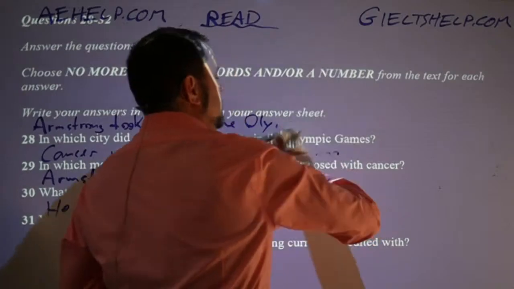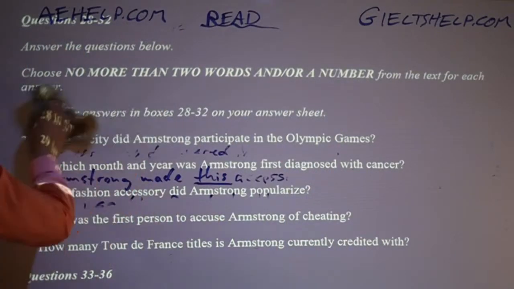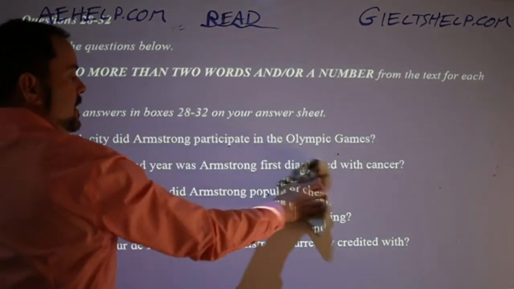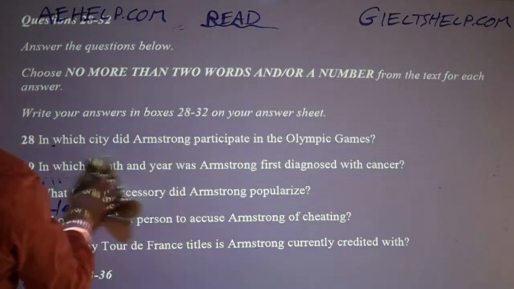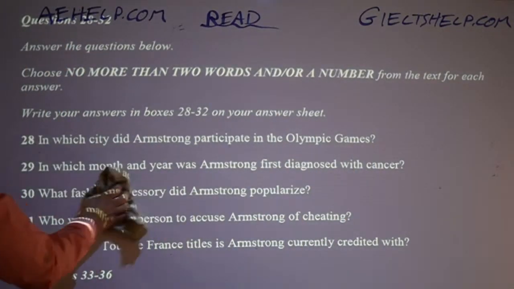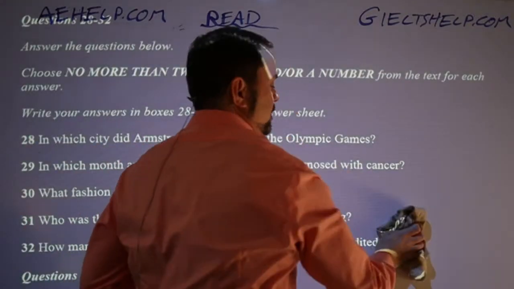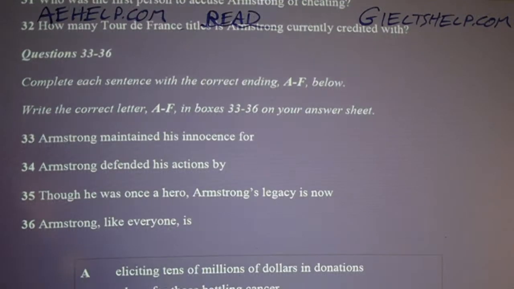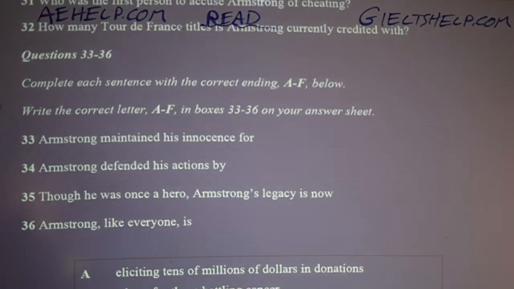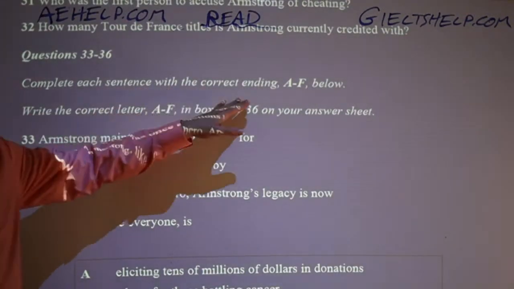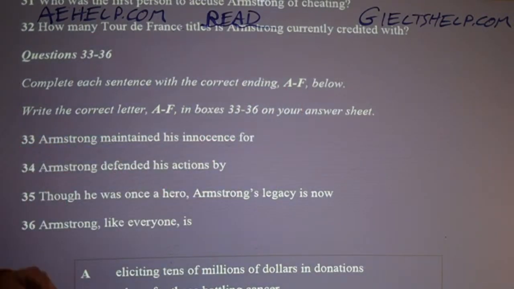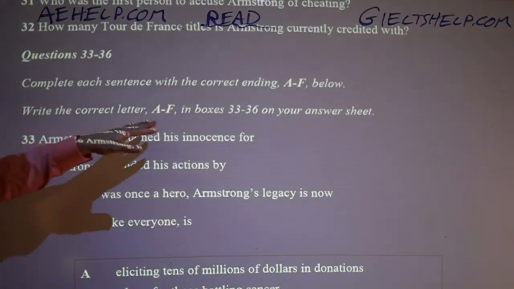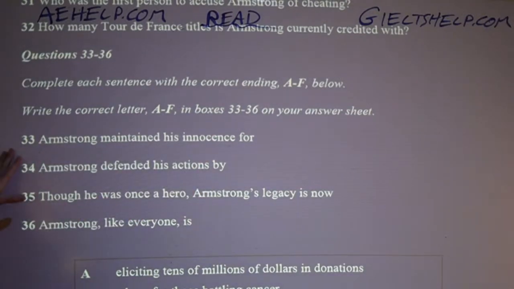Okay, let's look at some other questions here. See what's going on. And then we'll get a deeper understanding of the passage. Okay. So questions 33 to 36, complete each sentence with the correct ending, A to F below. Write the correct letter A to F in boxes 33 to 36. Armstrong maintained his innocence for.